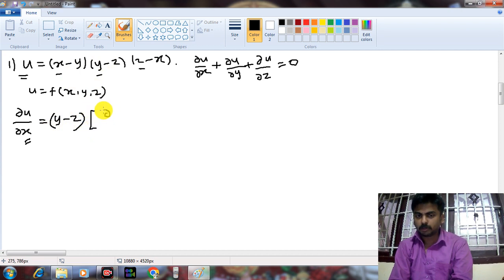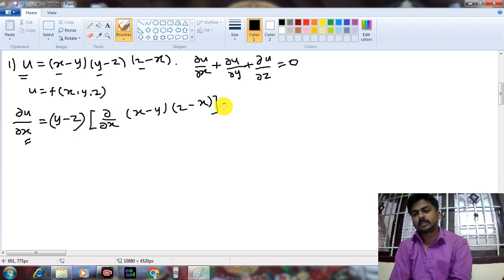So y minus z into dou by dou x of (x minus y) into (z minus x) is equal to y minus z into the differentiation of this function with respect to x.